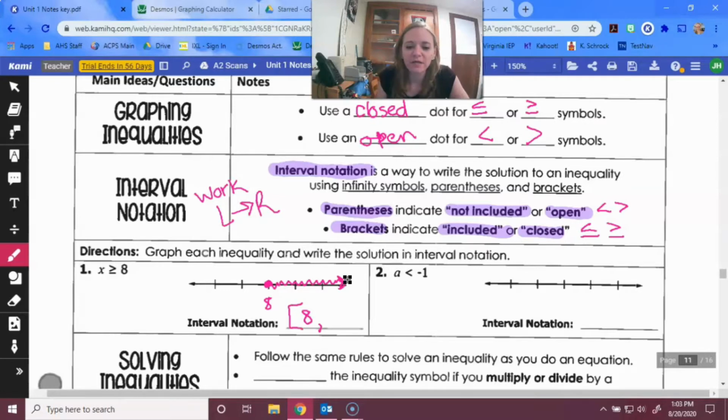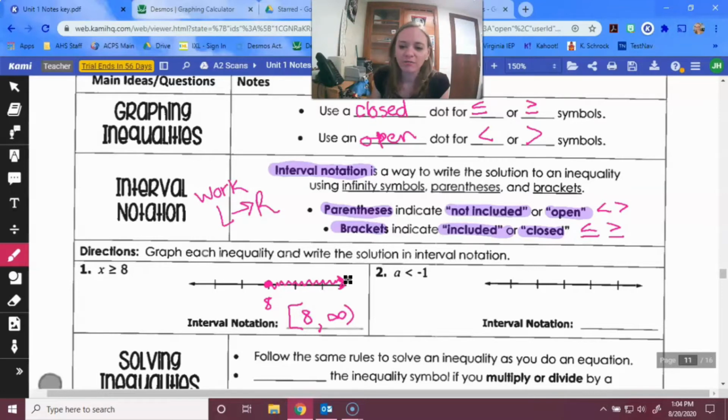So bracket 8, comma, and then what's happening after that 8? The infinity. If this was shaded the other way, you'd start with negative infinity and then do 8. But since we work left to right, the first thing we come to on the left of my graph is my number. It doesn't matter what position the number's in, it just has to follow the answer. All right, so let's do number 2.